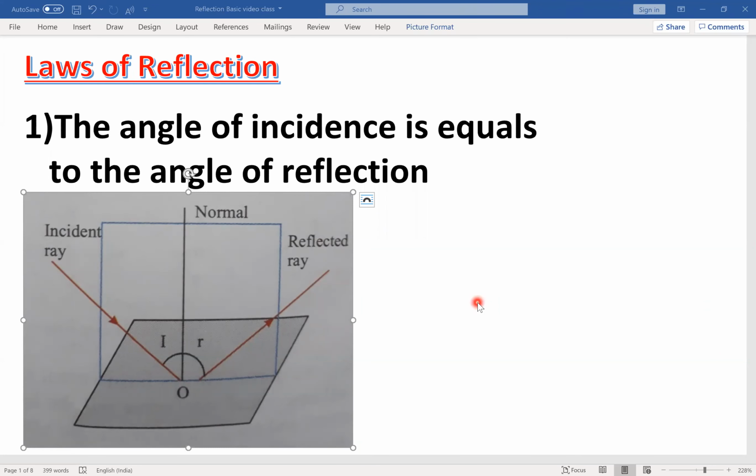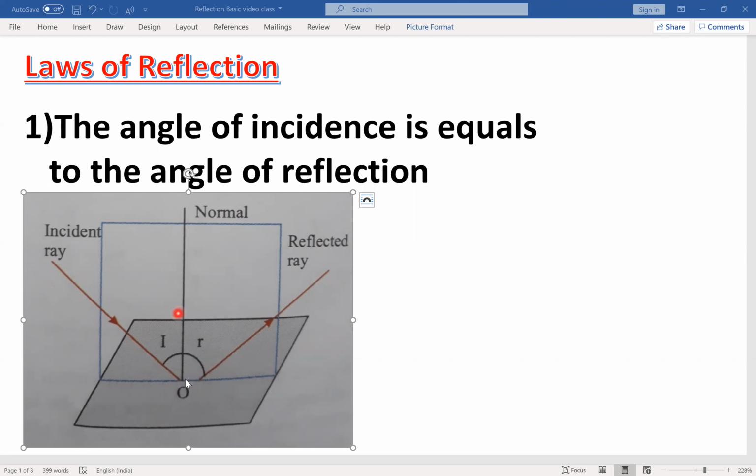Quickly, let me introduce the terminology. This is the incident ray, this is the reflected ray, and this is the point of incidence. This I is the angle of incidence, which is the angle between the incident ray and the normal.